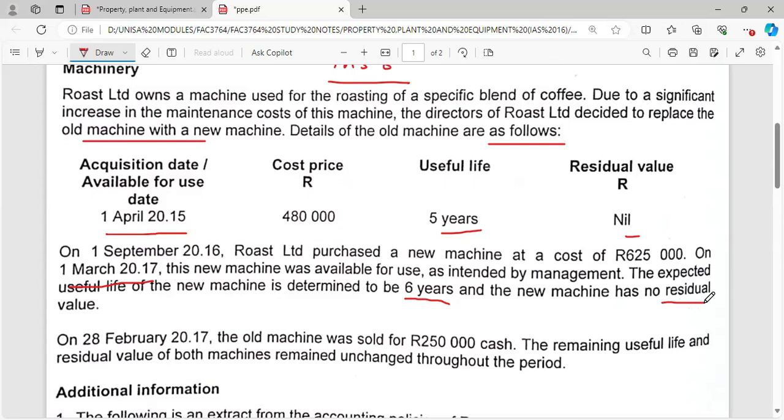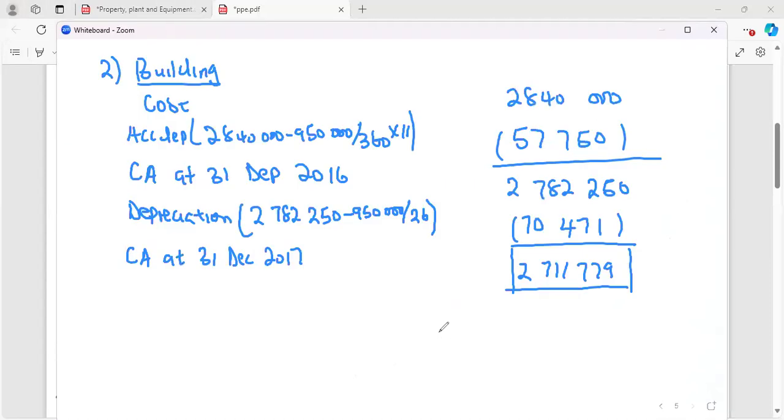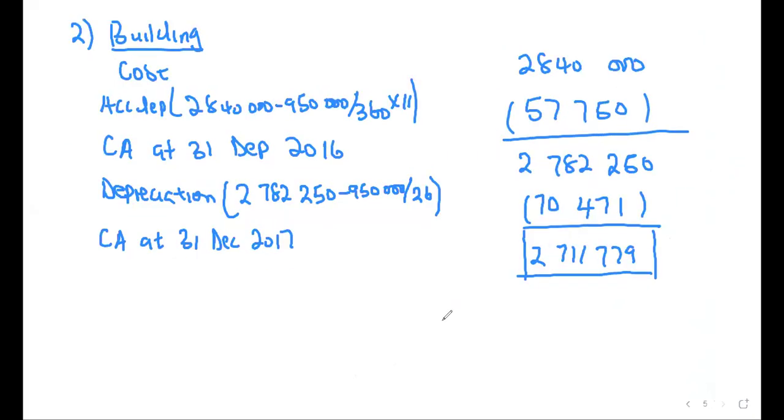It has no residual value. So we need to calculate the carrying amount of the new machine. So let's do our calculation number 3. The new machine. So we need the cost. The cost of the new machine, they say it's 625,000.